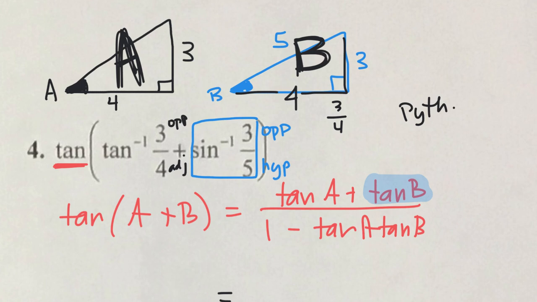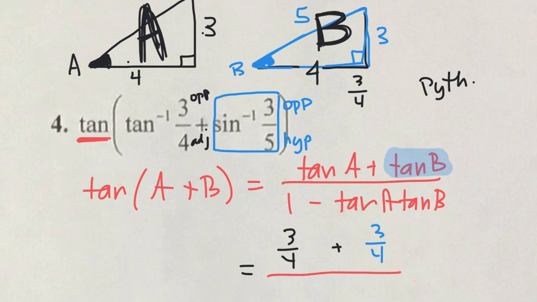Okay, so tangent of A, that's from our A triangle. The tan of A is 3/4, plus the tan of B. That's from our B triangle, and it's also 3/4. It just so happens that they're the same ratio here because the triangles are the same.